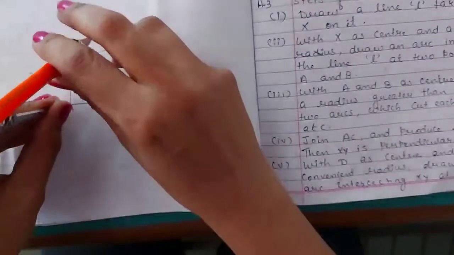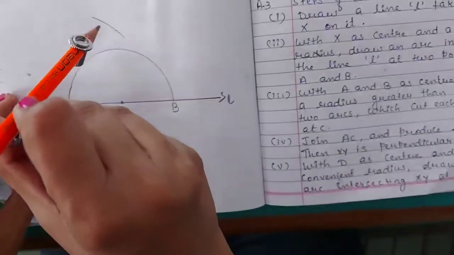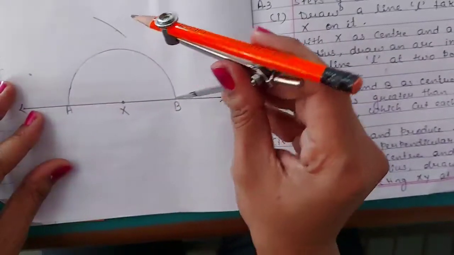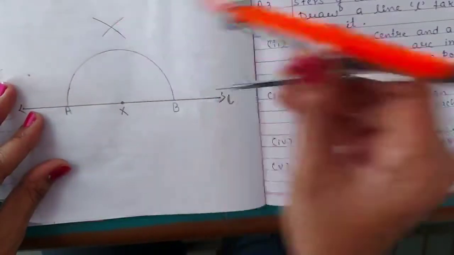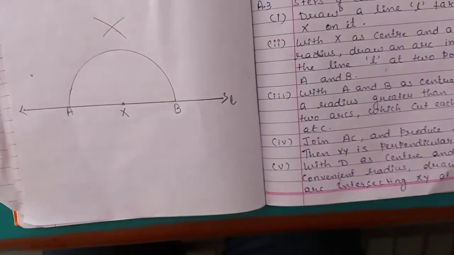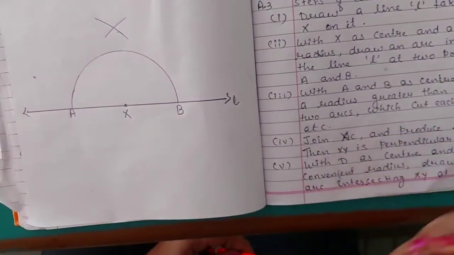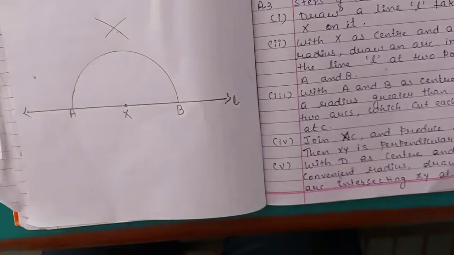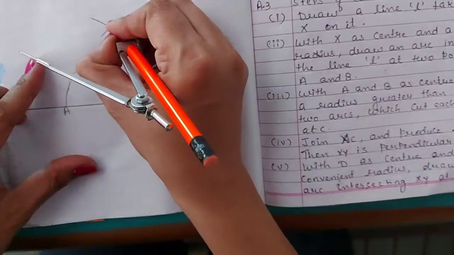Let us draw an arc with A as a center, and now with B as a center, let us draw another arc. And we have to label this point as Y.